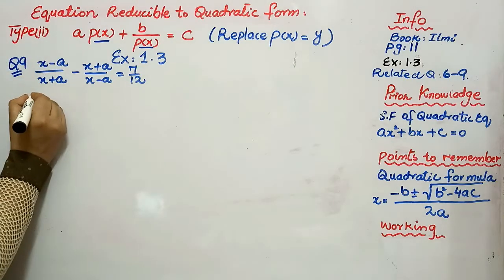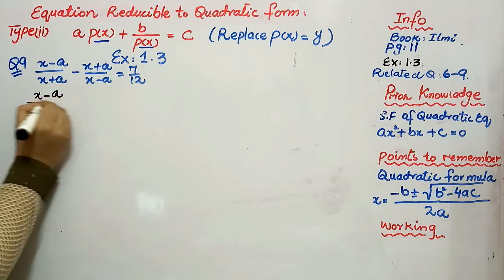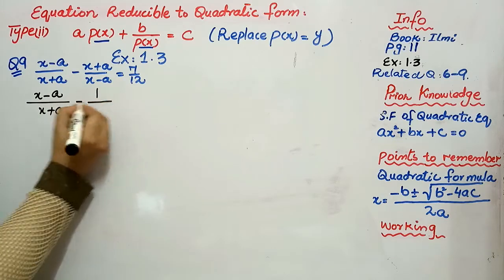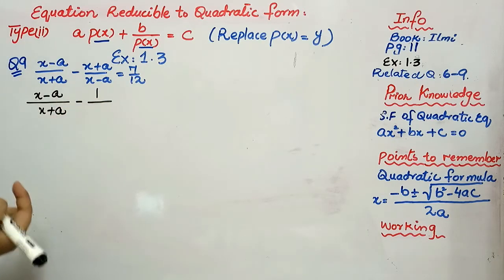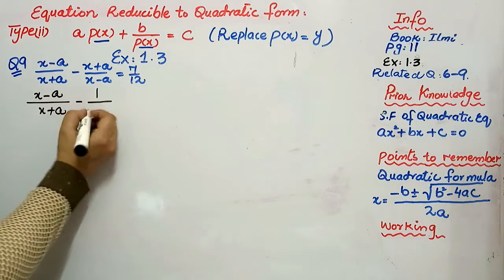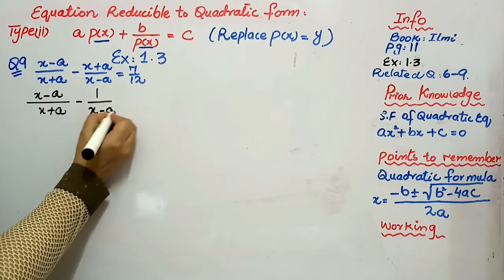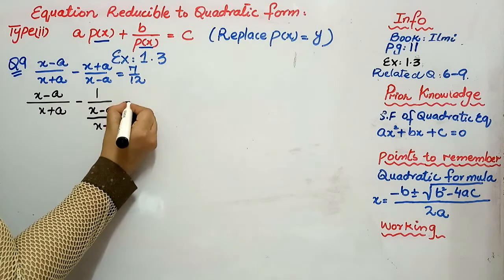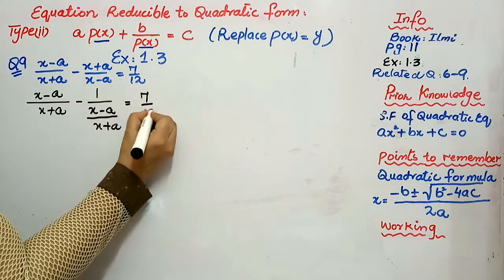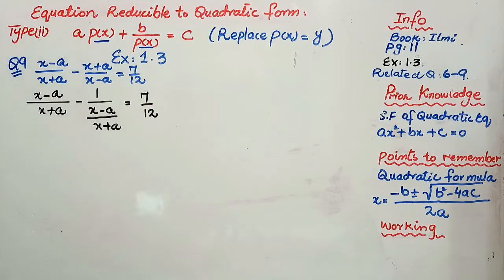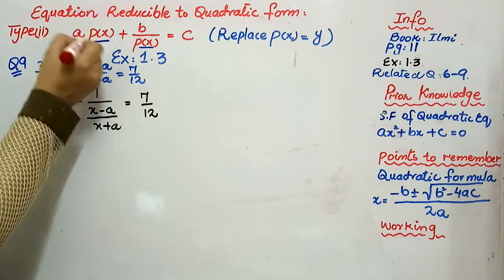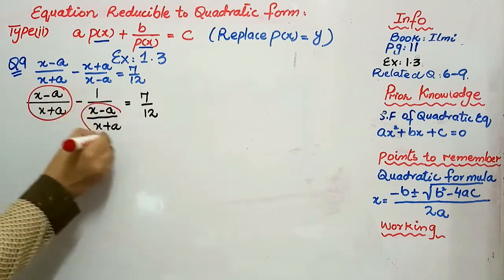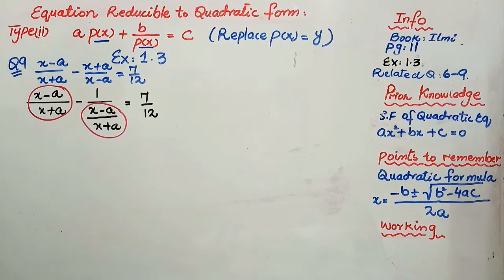Here can we write it like this: x minus a by x plus a minus 1 upon, when it goes into the denominator it will reciprocate, x minus a by x plus a is equal to 7 over 12. I have told you here to replace this polynomial as y.